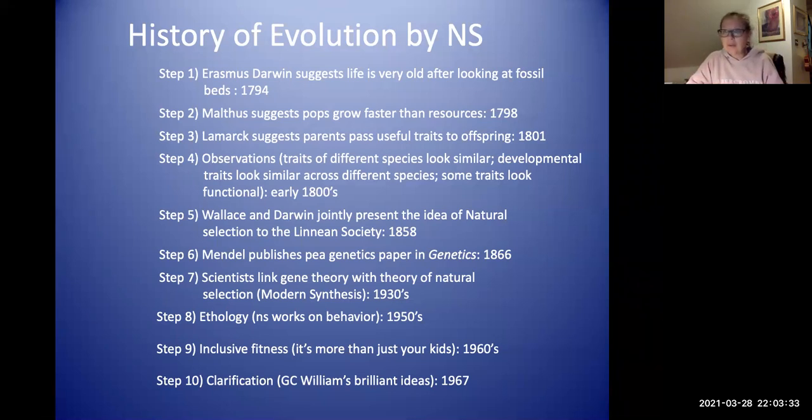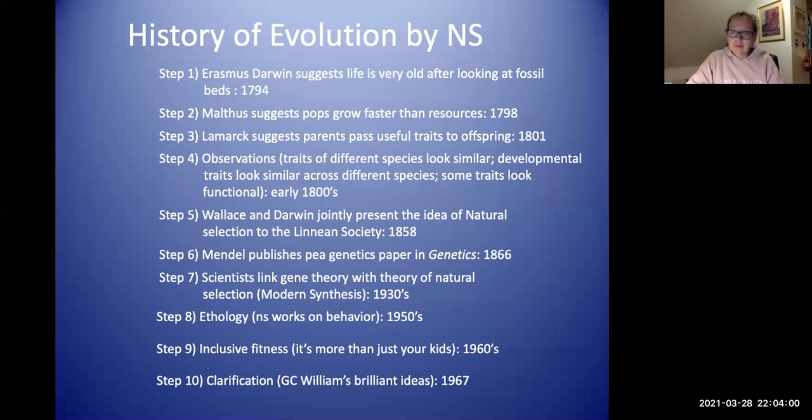He wasn't using the word adaptation, but that's what he was seeing, that organisms become adapted to their environment. Okay, step 4 was the Victorian observations that traits tend to look similar. Remember the hands. So bats have hands, whales have hands, cats have hands, humans have hands. If you look at the structure, really similar. And then we have step 5, where we've got Wallace and Darwin presenting at the Linnaean Society, and they're giving us this idea of evolution via natural selection.